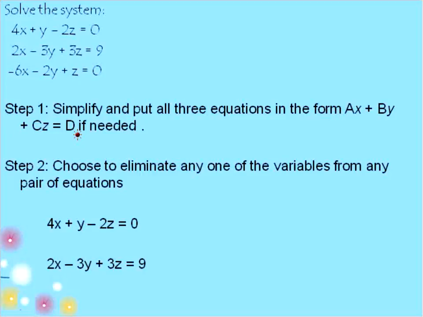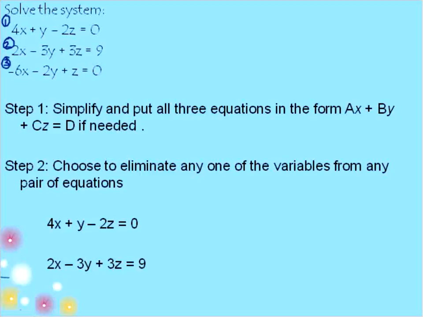So meaning x, y, and z all need to be on the same side. And in this system they are. Step 2 is to choose two equations and eliminate one of the variables. So I'm choosing the first equation and the second equation to work with first.